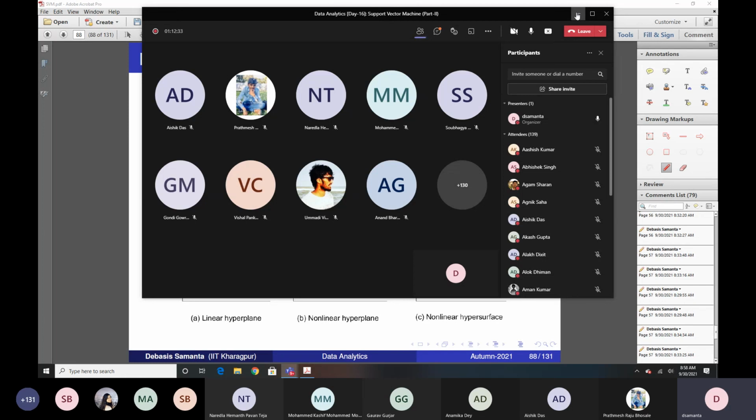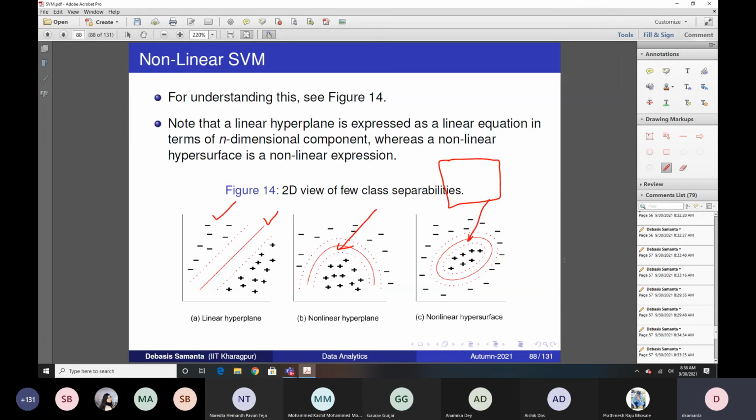In this regard, there is a concept called kernel tricks. We shall learn it, and then finally we shall discuss how to deal with the large set of training data that is given.